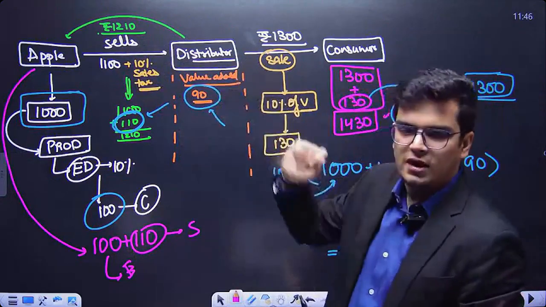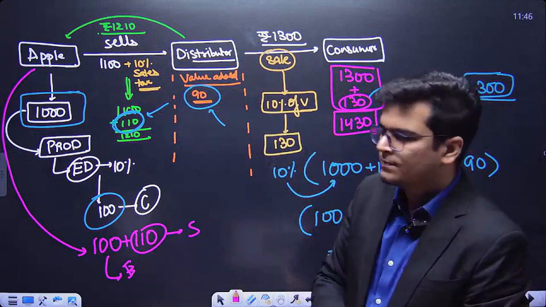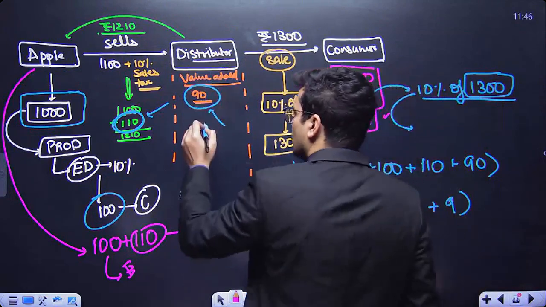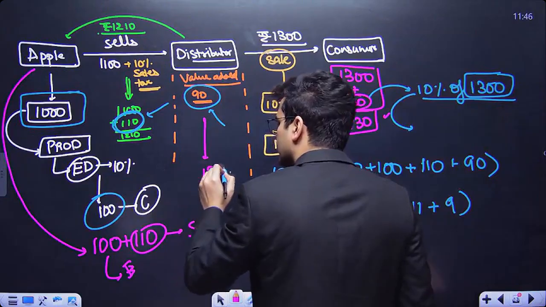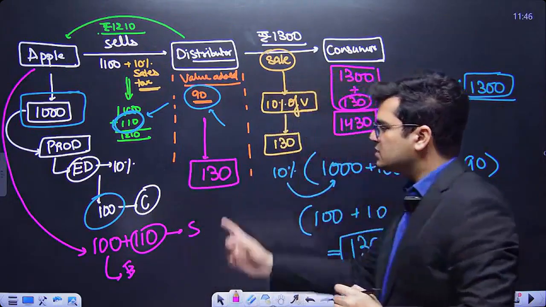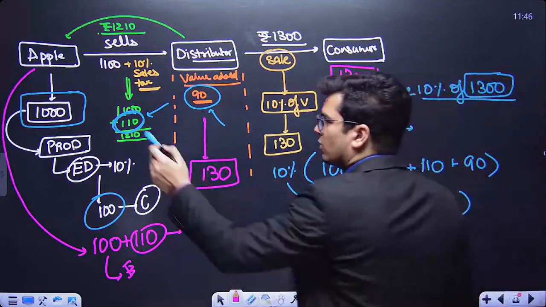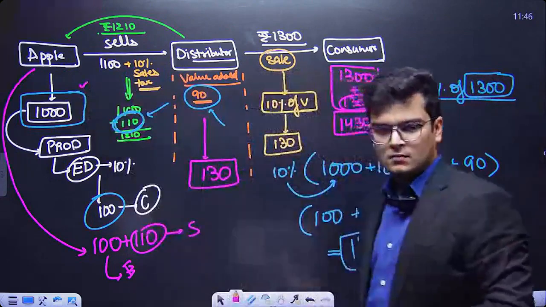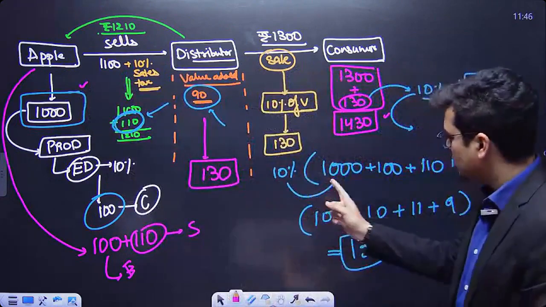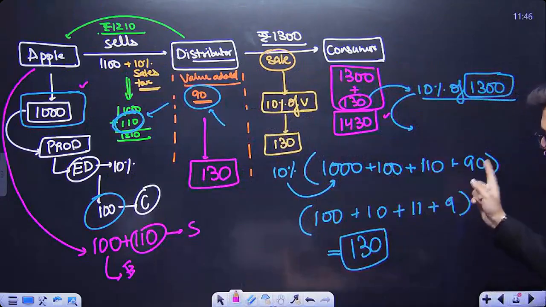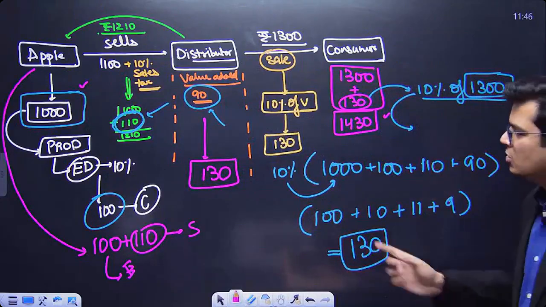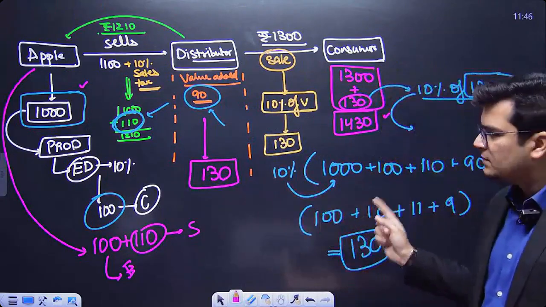Distributor is going to collect from you 130 rupees. Distributor is also going to pay this 130 rupees. This 130 rupees is taxed firstly on this 1000 rupees. This is 10% of 1000 plus 100 plus 110 plus 90, right? This is what 130 is.